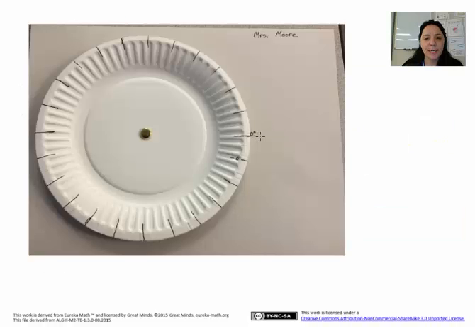Here's my paper plate with all of these measured passenger cars at 15-degree angles. So here's 15, here's 30, here's 45, here's 60, and 75, and 90-degree angles.